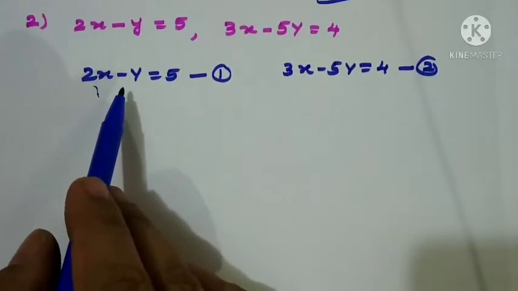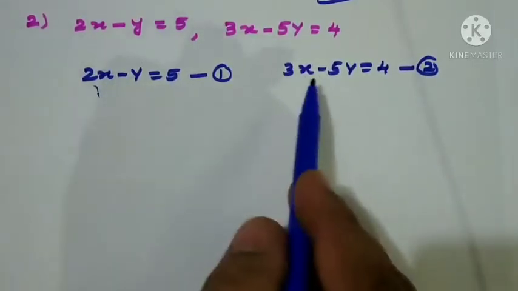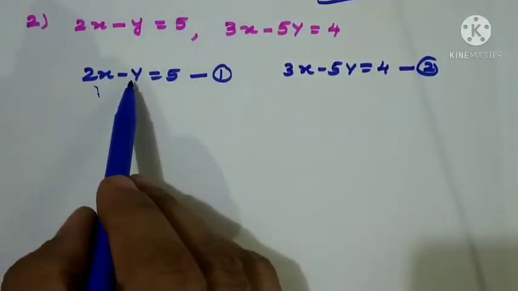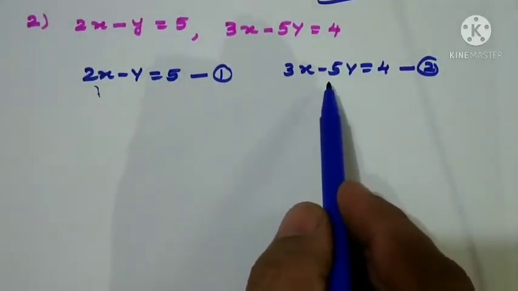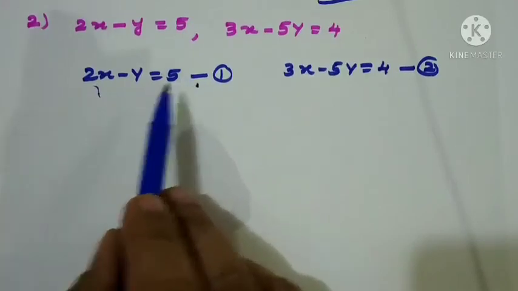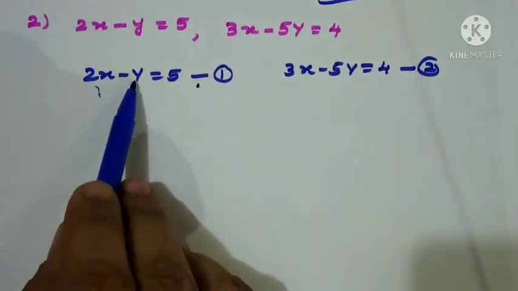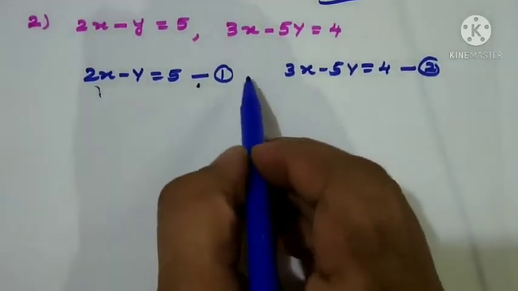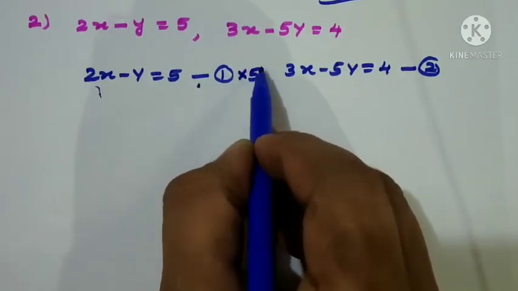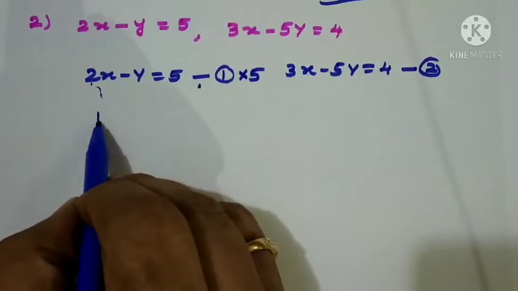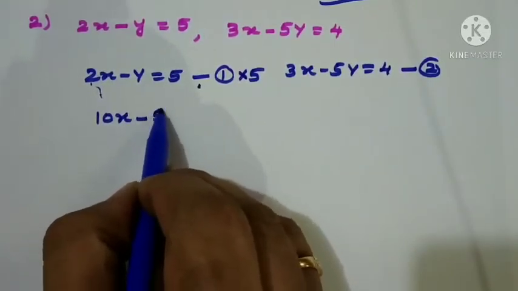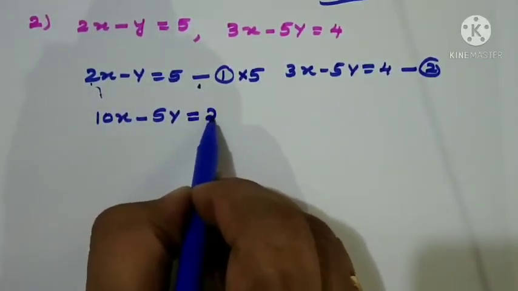Here also I can make either x or y equal. So you see the x coefficients are 2 and 3, and the y coefficients are minus 1 and minus 5. If we multiply this equation with 5, we can make it 5 only, right? So I'll multiply with 5 here. So what is the equation? 2 into 5, 10x minus 5y equal to 25.